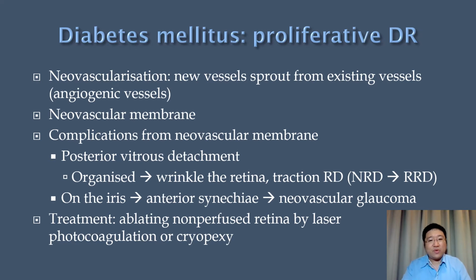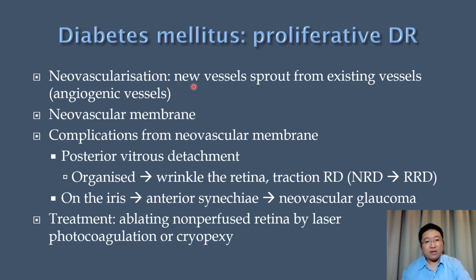The laser will destroy new blood vessels, which are very fragile, and sometimes the doctor may destroy the retinal tissue in the periphery to decrease the oxygen demand, which results in decreased production of VEGF and stops the progression of diabetic retinopathy.